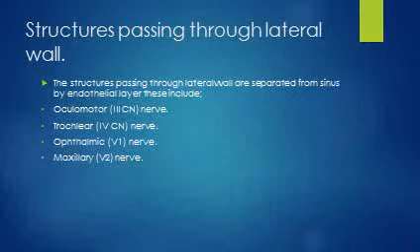Now, the structures passing through its lateral wall: these are very important cranial nerves which pass through lateral wall of the cavernous sinus and are separated from the cavity only by endothelial layer. These are oculomotor third cranial nerve, trochlear or fourth cranial nerve, then first and second division, ophthalmic and maxillary branch of trigeminal nerve.